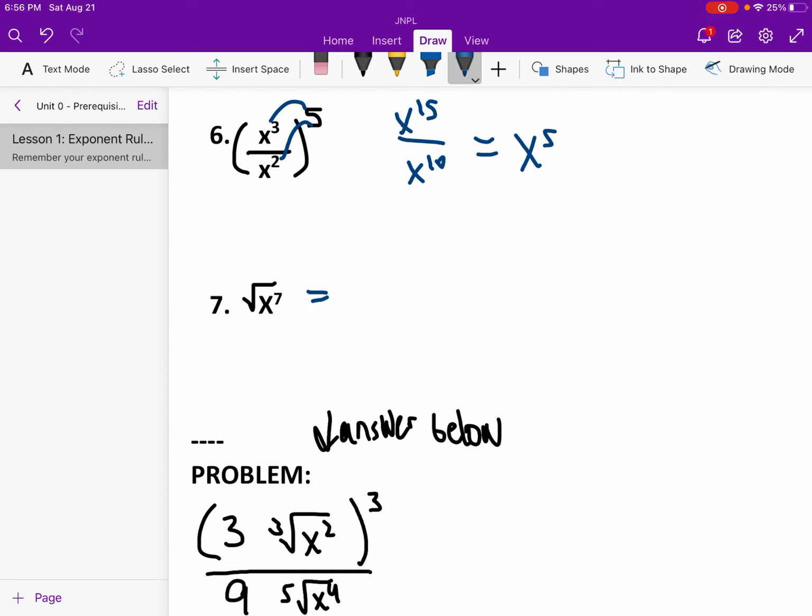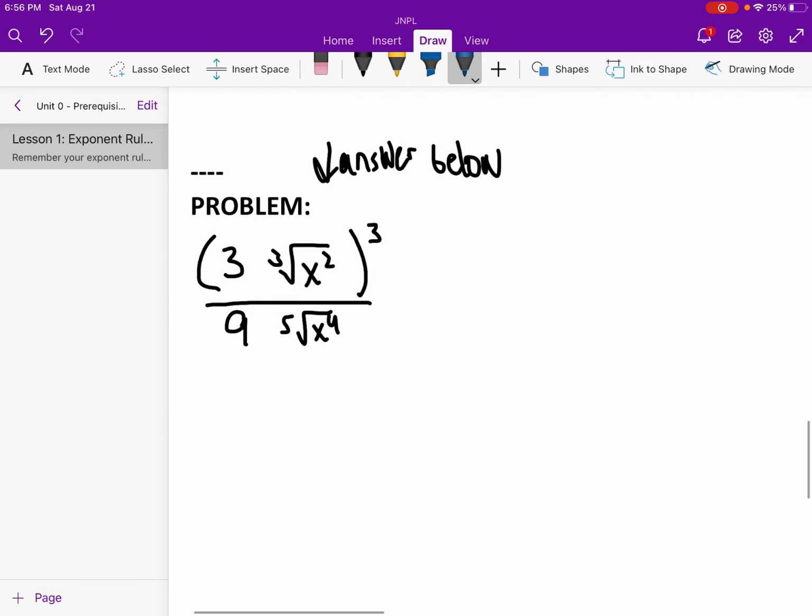We don't necessarily have to, but we can just say x to the something over something. Here, since there's no number, there's really a 2, and you always have this number with the index on the denominator. So x to the 7/2 is what that is in exponential form.